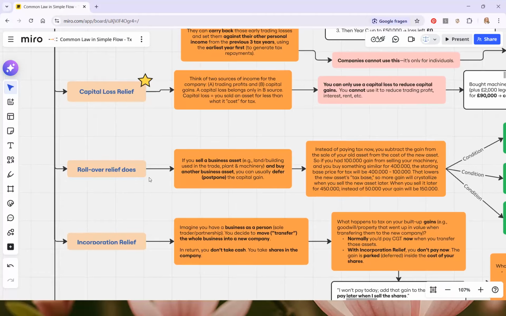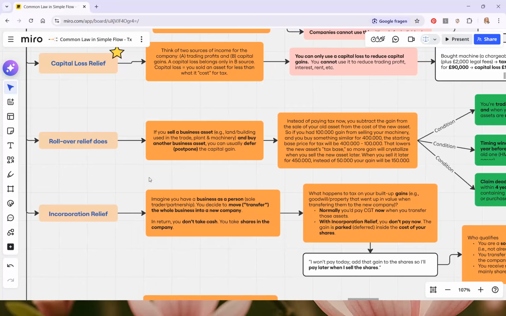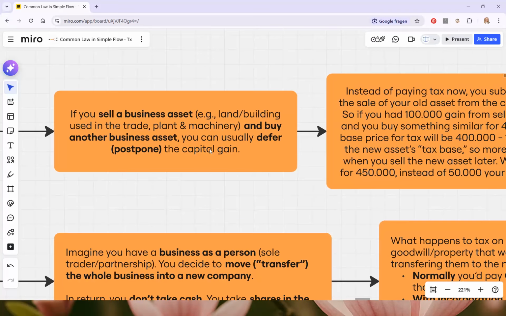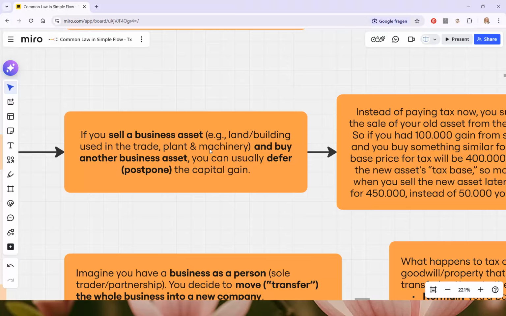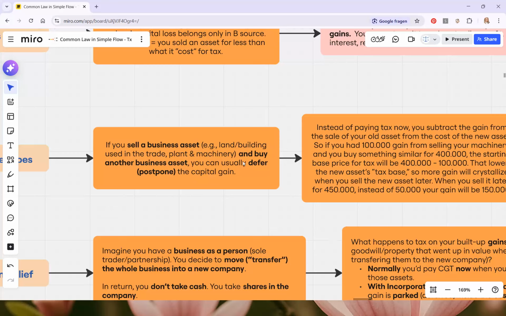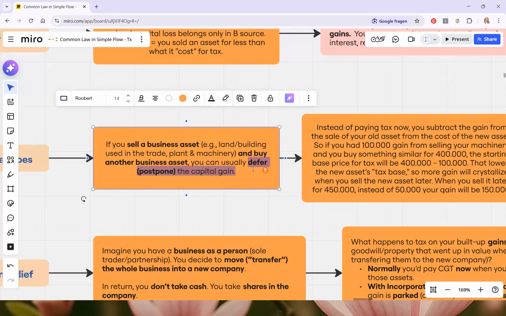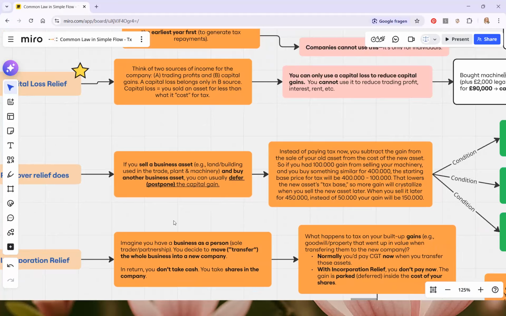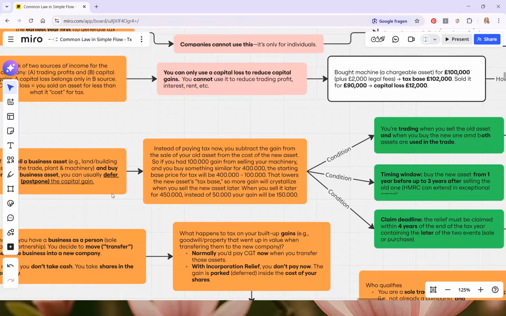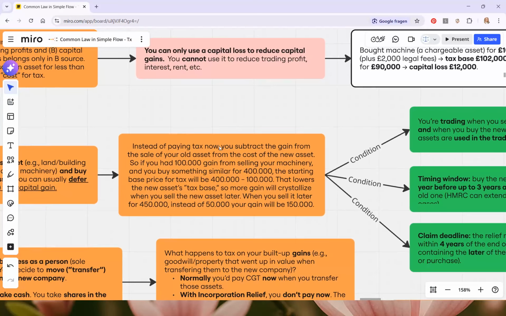Now let's see rollover relief. What it does: if you sell a business asset, for example land, a building used in the trade, or plant and machinery, and buy another business asset, you can usually postpone the capital gain. Interesting. So you can defer your capital gain. How does it work?